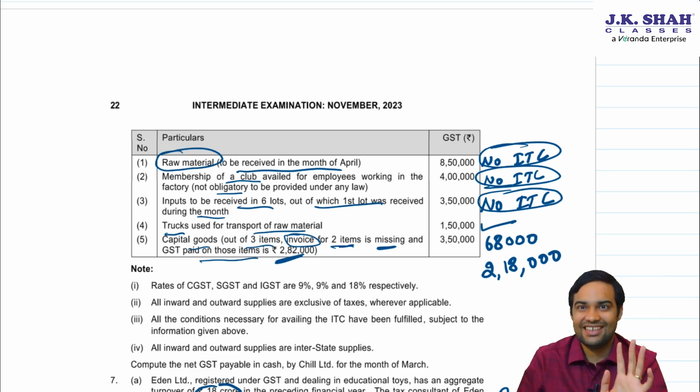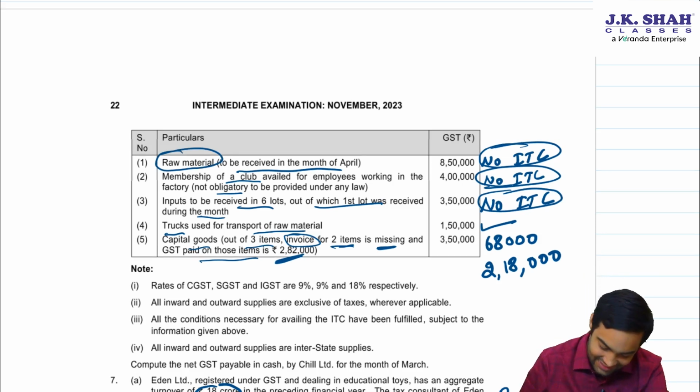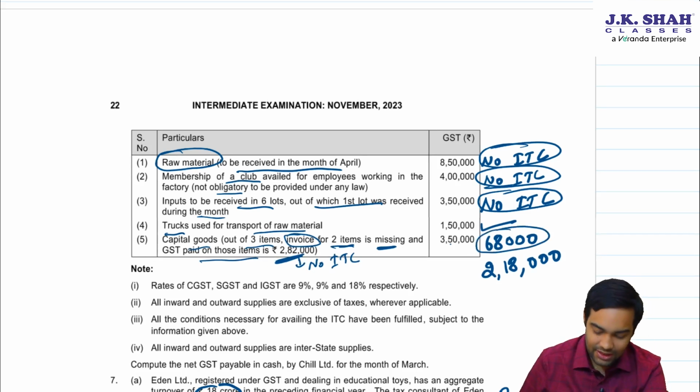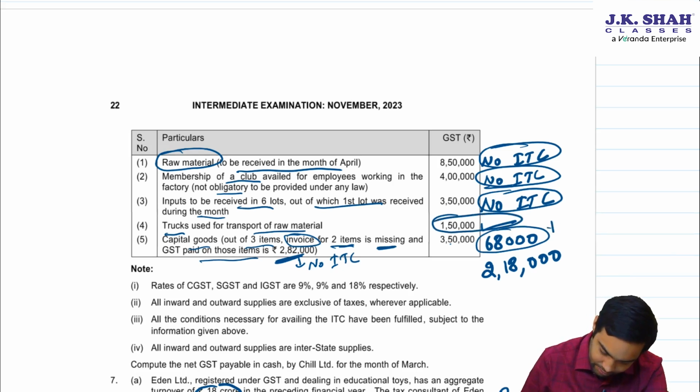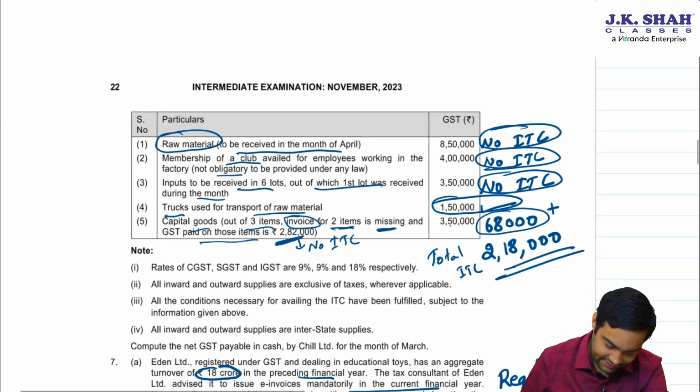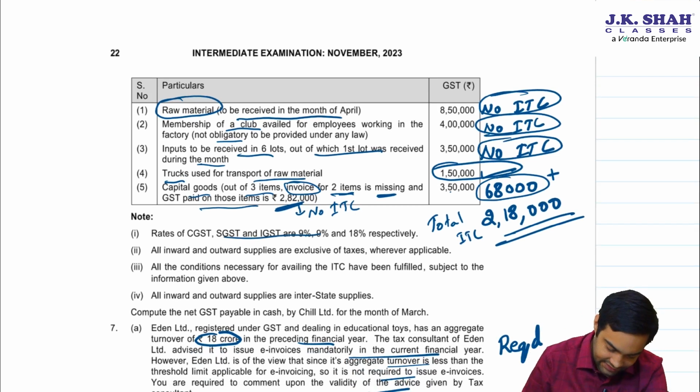You remember the conditions to avail ITC. So 282 no ITC. Out of 350, 282 not eligible, 68 will be eligible. So ITC totally will be 1.5 lakh plus 68. Total ITC will be 2,18,000.